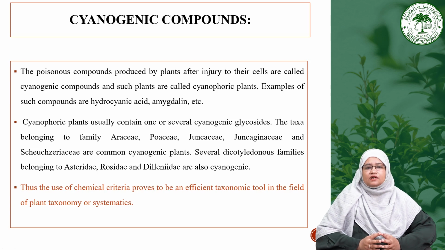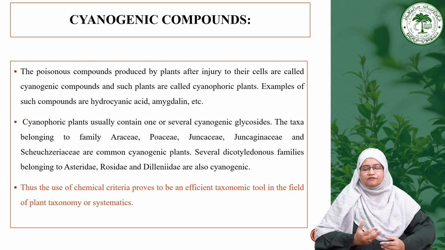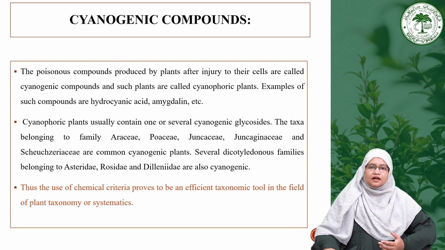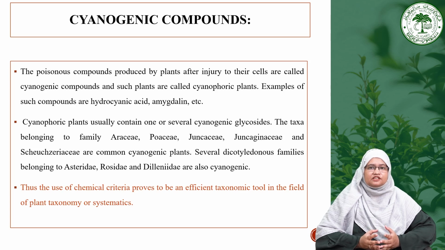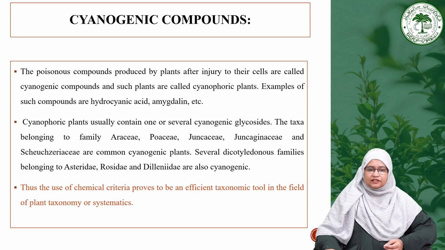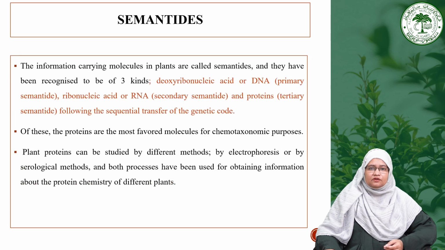Thus we can say that the use of chemical criteria has proved to be an efficient taxonomic tool in plant taxonomy or systematics, because on this basis we can identify different groups of families, since certain chemicals are present in particular groups of plants. That is the basis of the taxonomy to differentiate them.